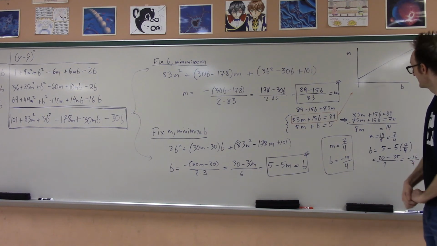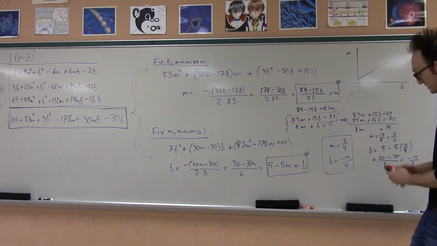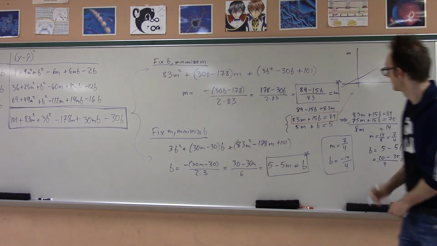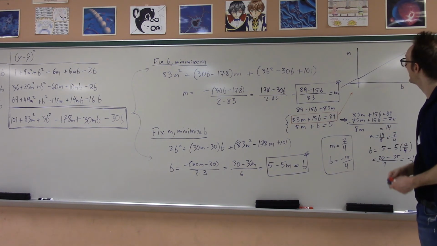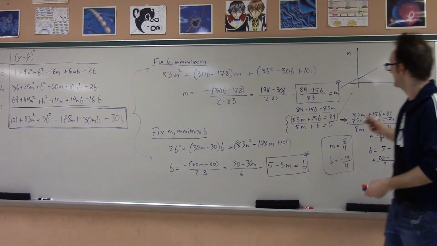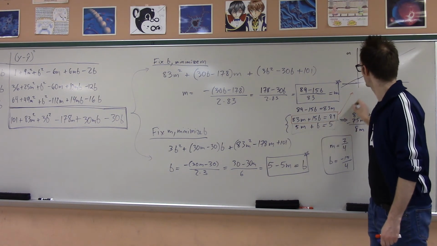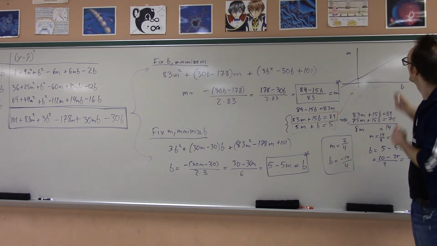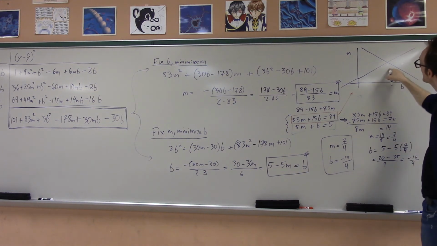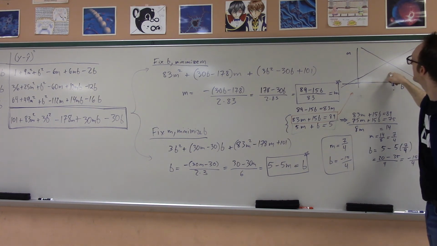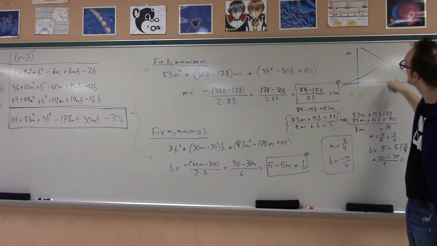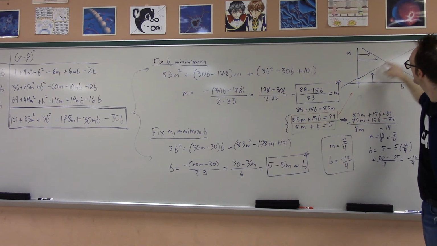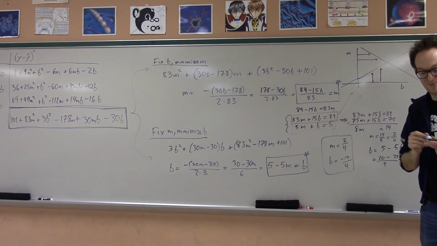And so, actually my graph is a little unfortunate here because this is not an accurate picture of what's going on, but what now happens is you take this line, and now we are going to graph it. We're going to say, all right, for any m, I'm going to give you the best b. And so this is another line. This line is the line of all the best b's for a given m. So for any possible m, this line outputs the best b. This first line, for any possible b, outputs the best m.